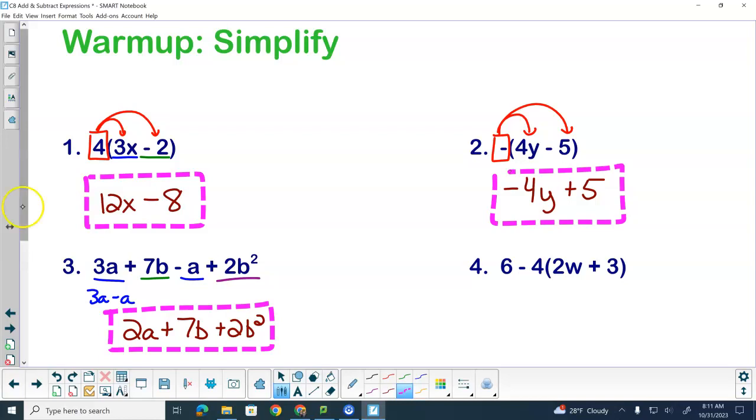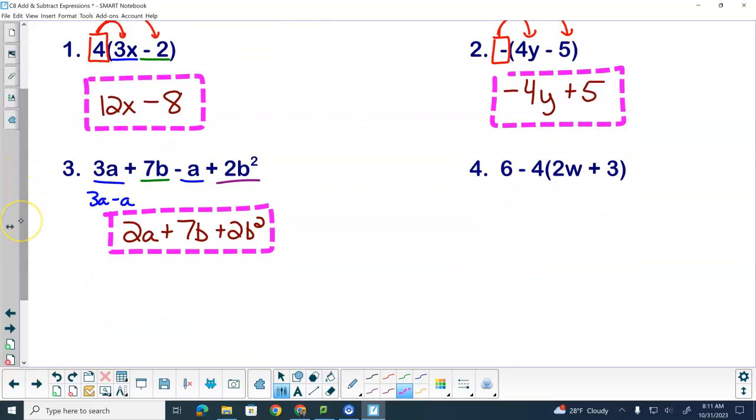Now, my question is, here in number 4, can I do this part first? Parentheses first? Okay. So what is there to do with the parentheses? Multiply by? Negative 4. -4.